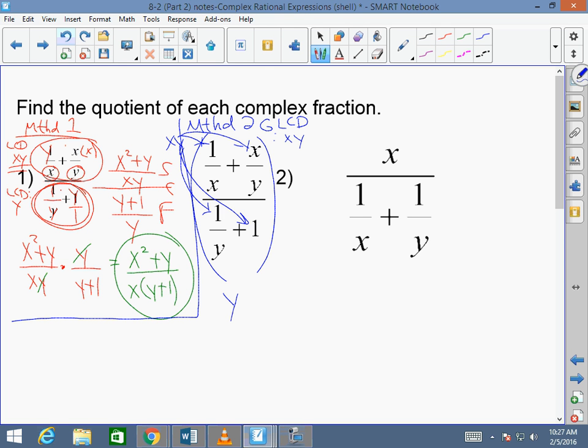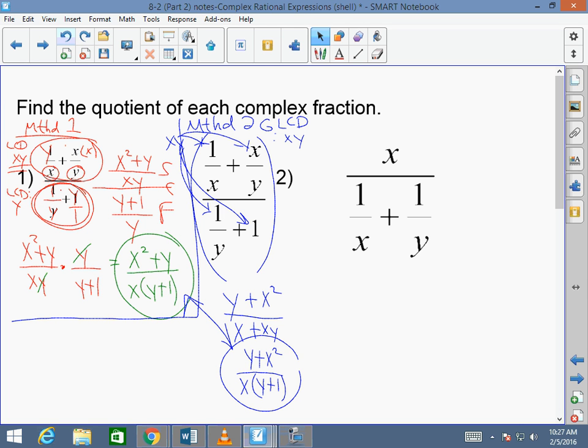Y. What's xy times x over y? X squared. What's xy times 1 over y? What's xy times 1? Factor this out. So I've got y plus x squared over x times y plus 1. Do you see that they are the same exact answer?